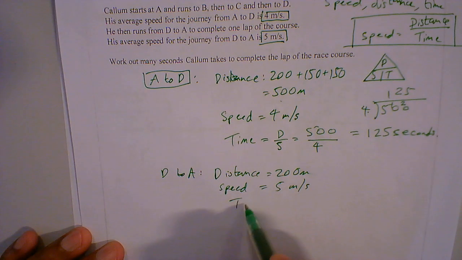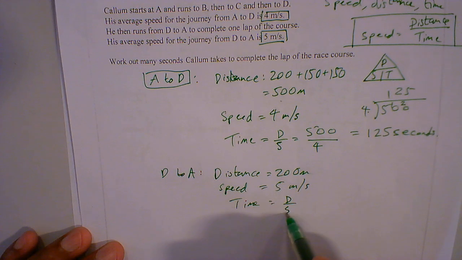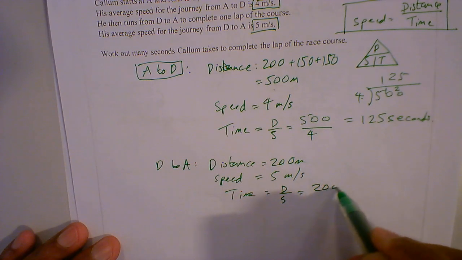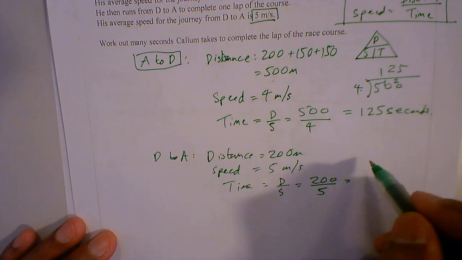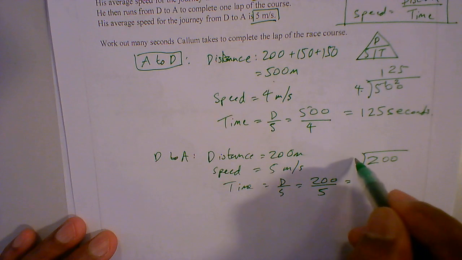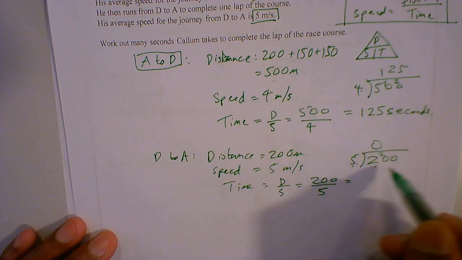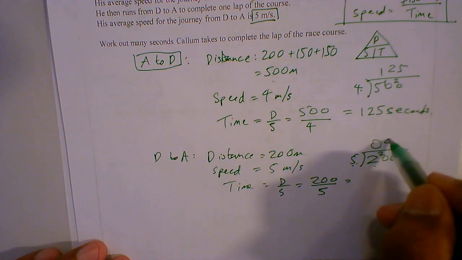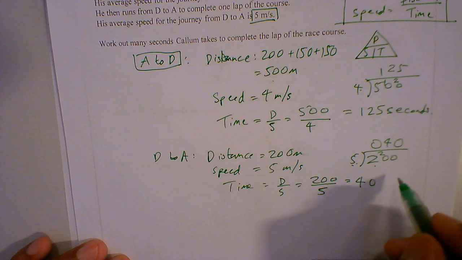My time is the same formula again, distance divided by speed, which is 200 divided by 5. 5 doesn't go into 2, 5 goes into 20, 5, 10, 15, 20, 4 times. Add the 0, so my answer is 40 seconds.